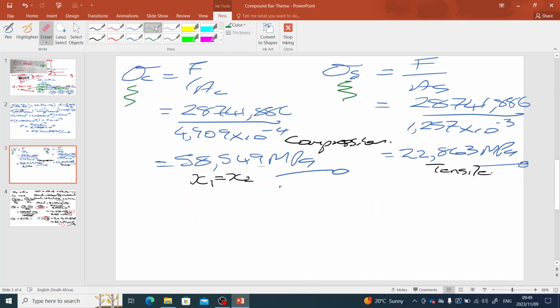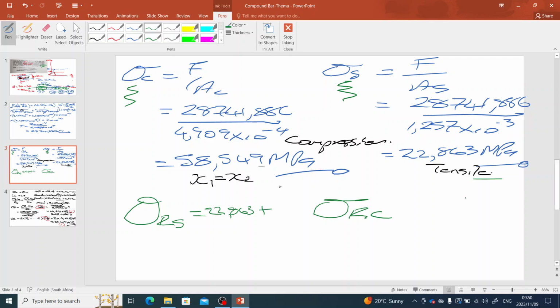In calculating the resultant stresses, it will be the stress resultant of steel and the stress resultant of copper. Of steel here, I got 22,863, and we said it is tensile, so plus.